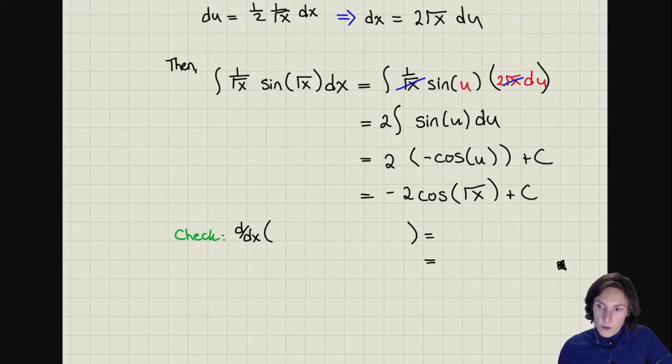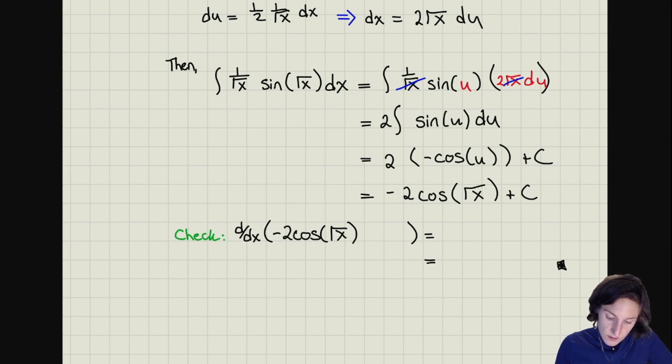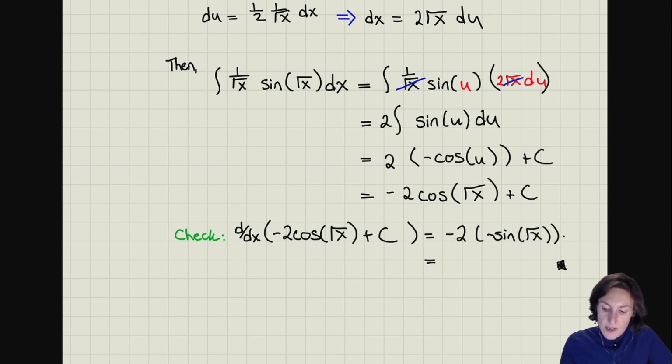And let's do a quick mental check to see if this will give us the right answer. If I differentiate. Okay, so the constant goes away. I have negative 2. What is my derivative of cosine? It is negative sine root x, but now I got to differentiate the thing inside the sine. So the derivative of root x is 1/2 x to the negative 1/2.